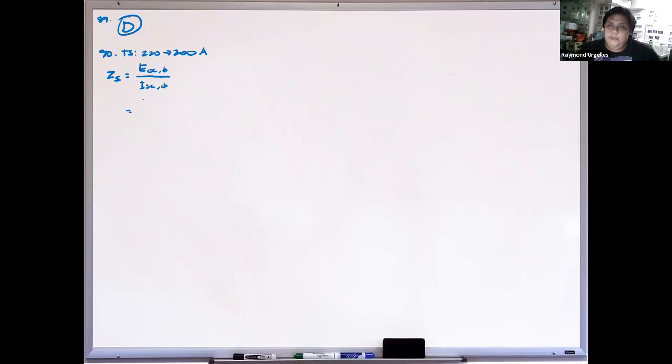This will be 1,730 volts divided by square root of 3, and again, this should be only 200 amperes. So the answer will be closer to 5 ohms. If it is 220, you will get 4 point something, and you may get confused because there is a 4 in the choices.